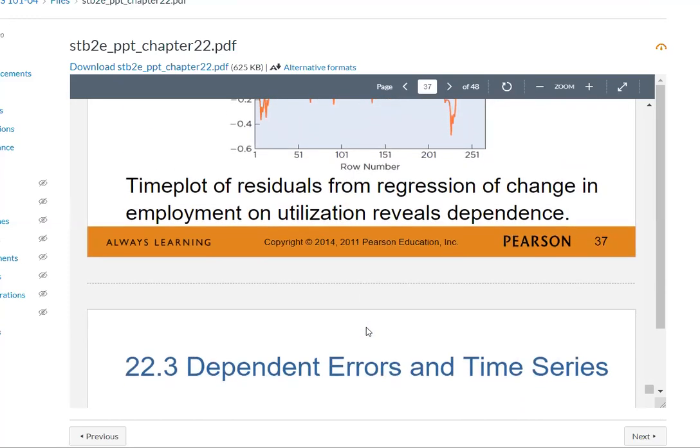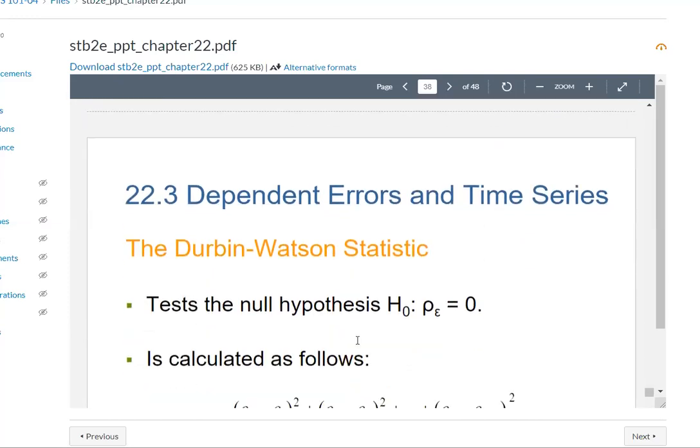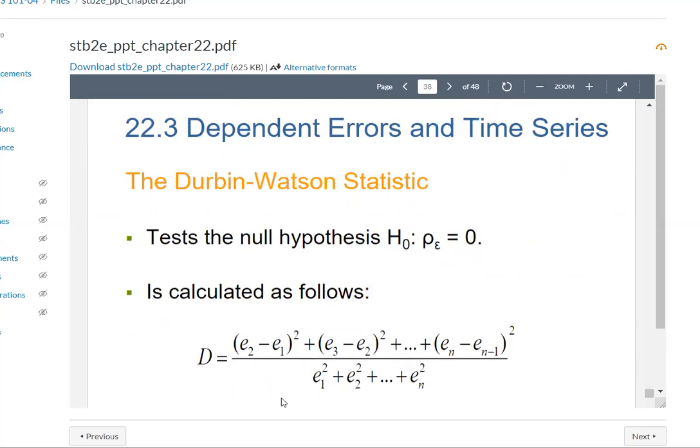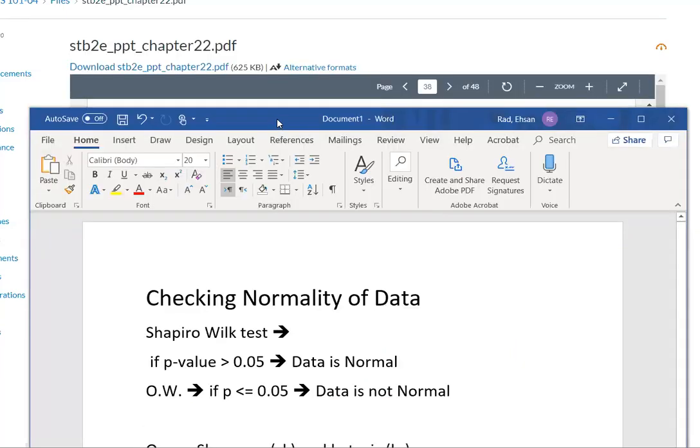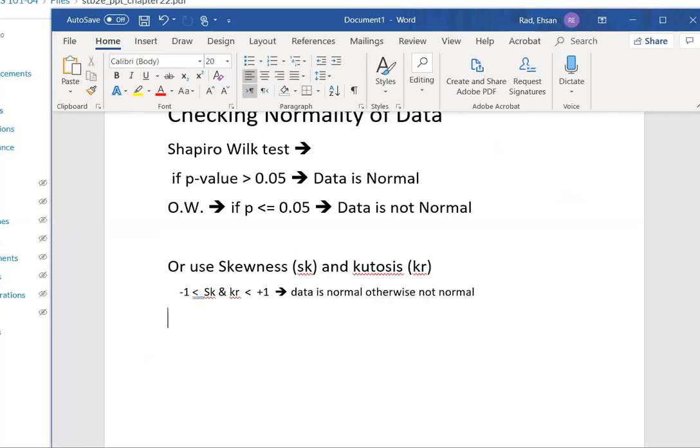Now, I told you in the past that if D is close to 2, that's telling us residuals are independent. If D is close to 2, if you look at our previous videos, you'll see the Durbin-Watson test for dependence of residuals.